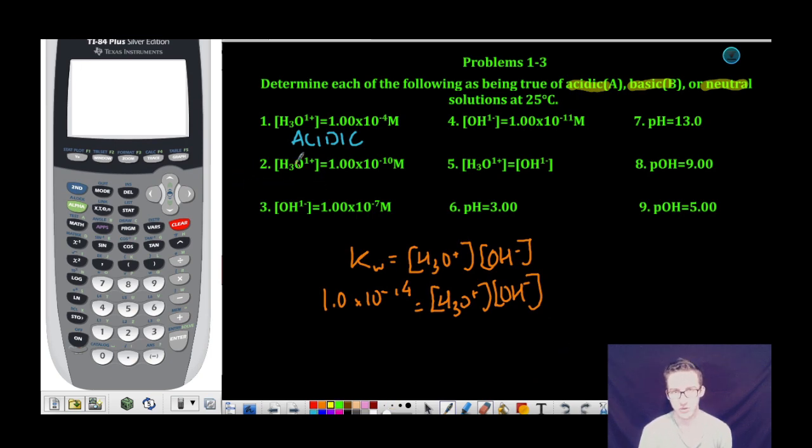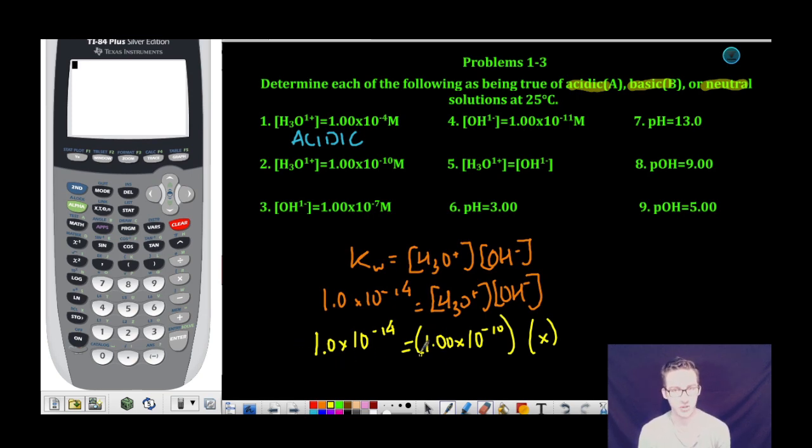As I look at number 2, here the hydronium ion concentration is 1.00 times 10 to the negative 10. Again, keep in mind that Kw is a constant, which means that it is going to be 1.0 times 10 to the negative 14. If you solve for hydroxide ion concentration, recognize that here we have a decrease in the hydronium ion concentration from that original neutral 1 times 10 to the negative 7 that we saw in pure water.